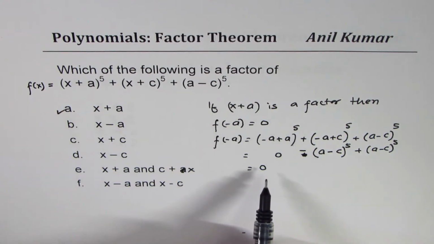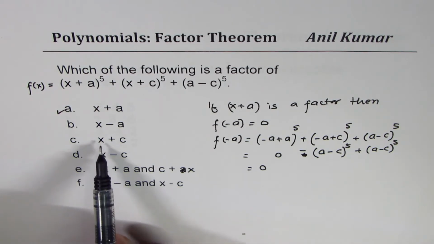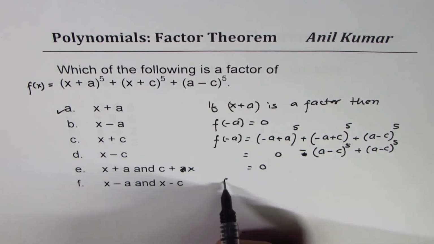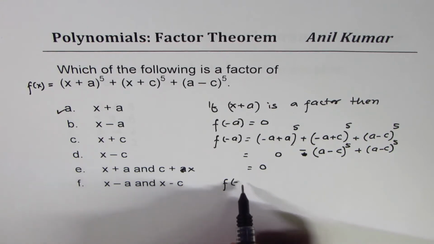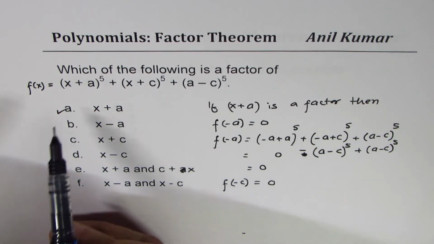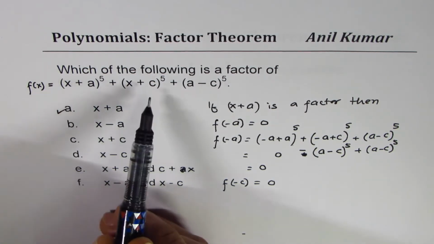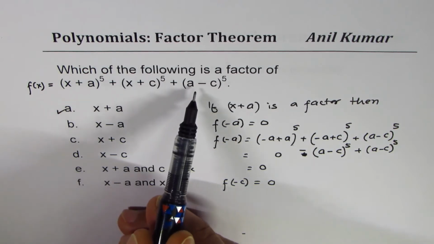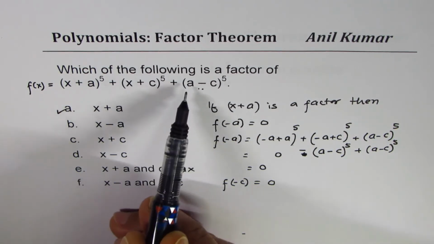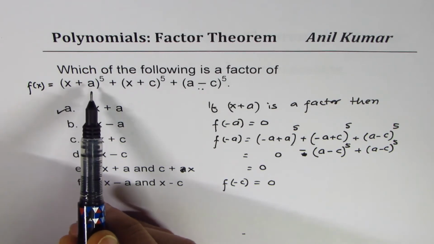You can try the same thing with x plus c and see if f of minus c is equal to 0 or not. If I substitute minus c here, I get minus c plus c, this is 0, right? However, we are not substituting anything in the last term. (a minus c) remains here, and here we get (a minus c).